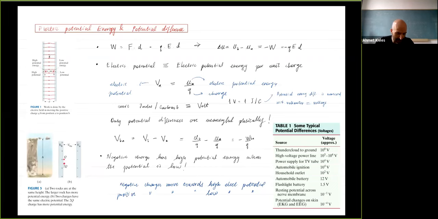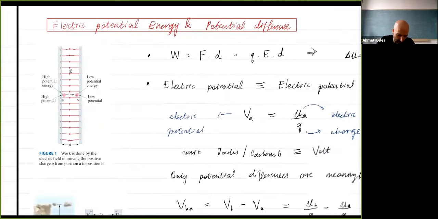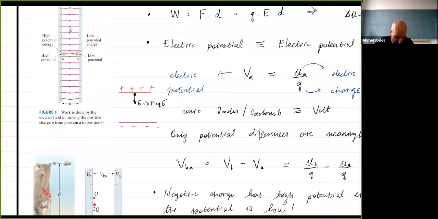So you can think of it like this, right? If you have a positive charge, this is kind of like gravity. Maybe I can write it like this. You can think of this parallel plate. So this is plus, plus, plus, this is minus, minus, minus. If you have a charge, it's going to get an electric force, Q times E, and it's going to be exactly like gravity, right?